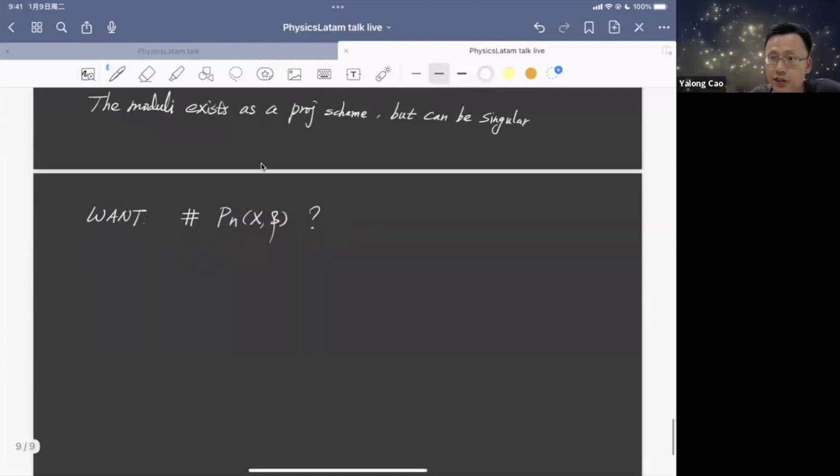Okay, so still we need to deal with these three issues. The first is about this compactness issue. In this case, this is automatic by this construction of so-called geometric invariant theory in algebraic geometry.